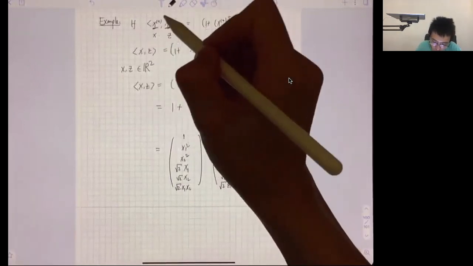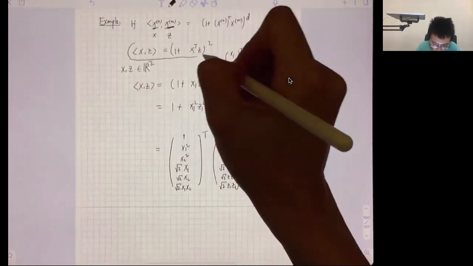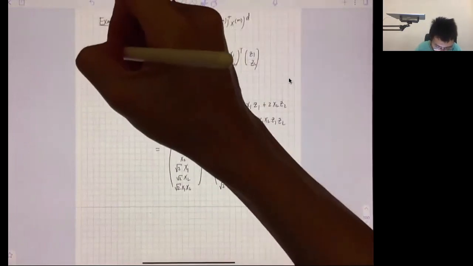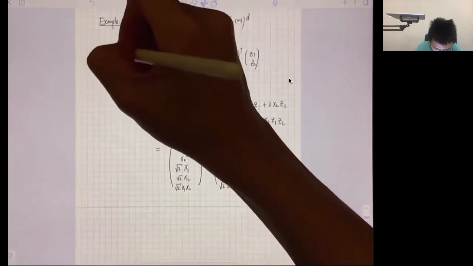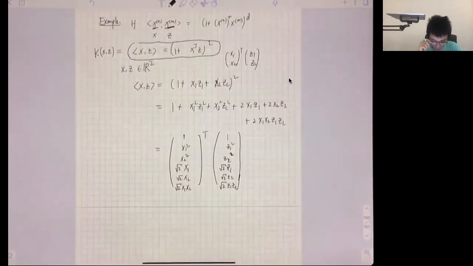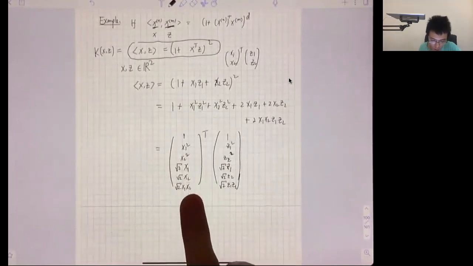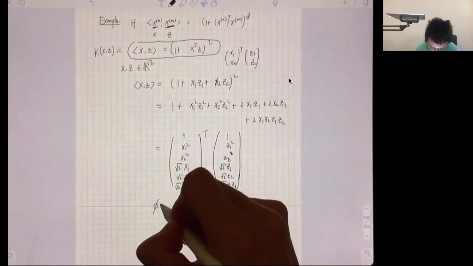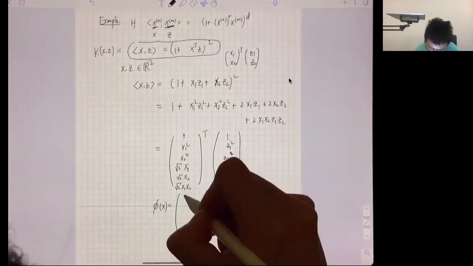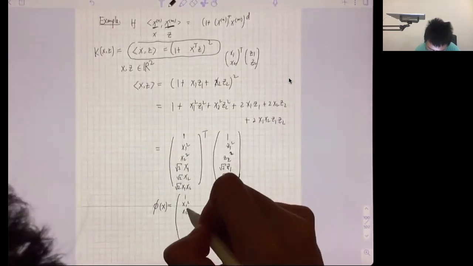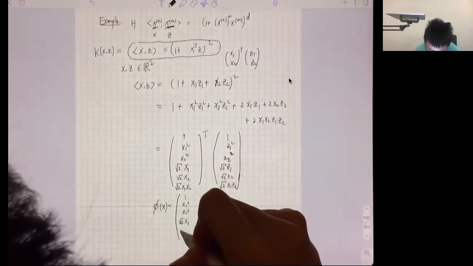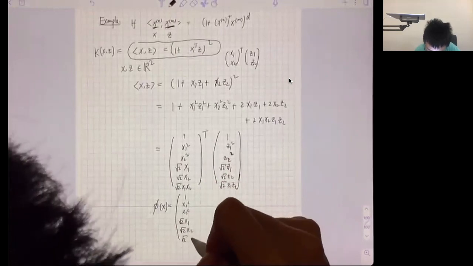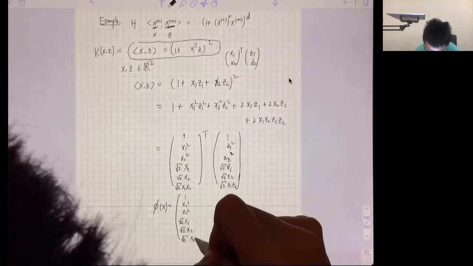So if I specify my inner product like this, by the way, the inner product is the kernel of x and z. Then I can write this, okay? Then I'm implicitly transforming my features of x into this: 1, x1 squared, x2 squared, square root of 2 x1, square root of 2 x2, square root of 2 x1 x2, okay?